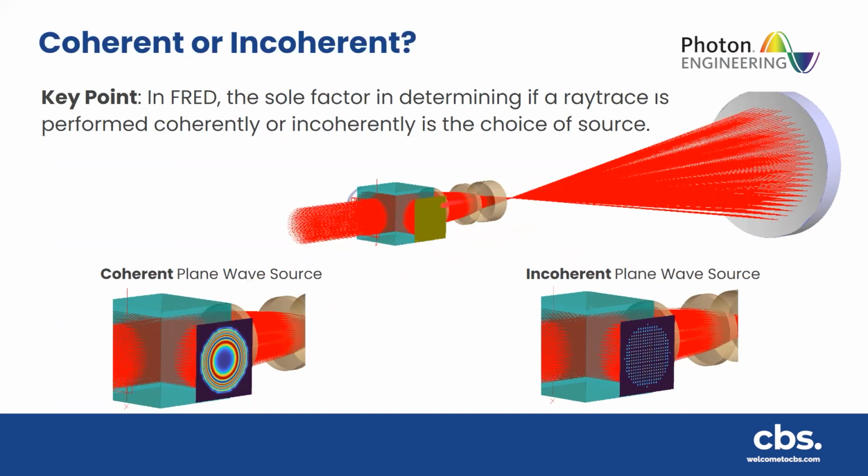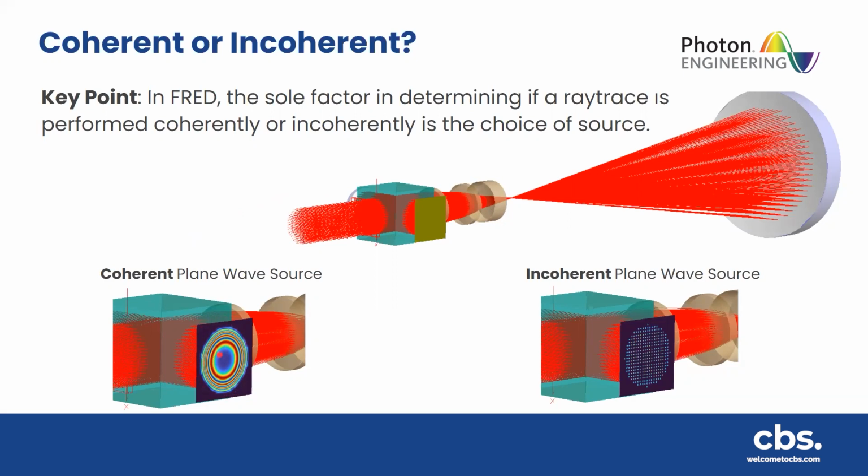Whereas in the coherent case, all of the rays that you see here in this view, these red lines of the rays being traced, every ray that you see here in the 3D view is actually a small Gaussian beamlet, as we mentioned, meaning it has a width in space. And it's those Gaussian beamlets that hit the detector and have maybe a small size, and there's quite a few of them, and they all coherently sum.